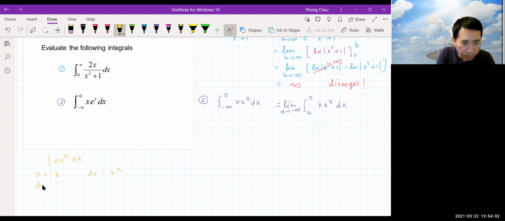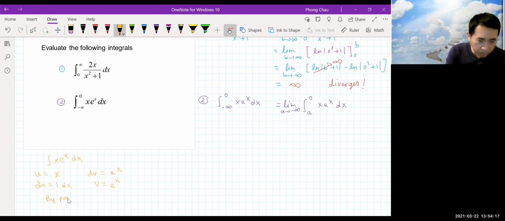You take the derivative of u, it's 1 dx, and the antiderivative of e to the x is still e to the x. Using the by parts formula, this integral becomes u times v, that's x e to the x, minus the integral of v du, that's e to the x times 1 dx.